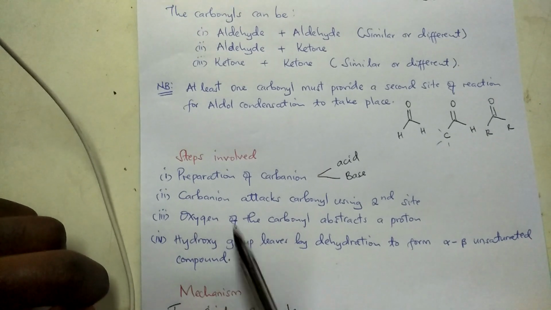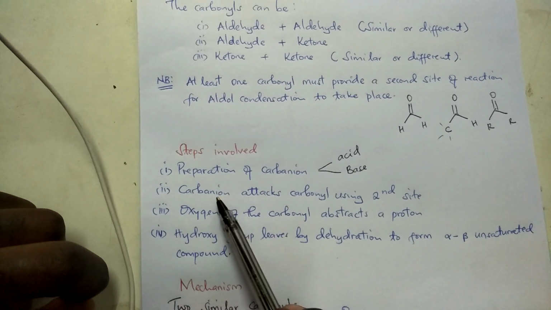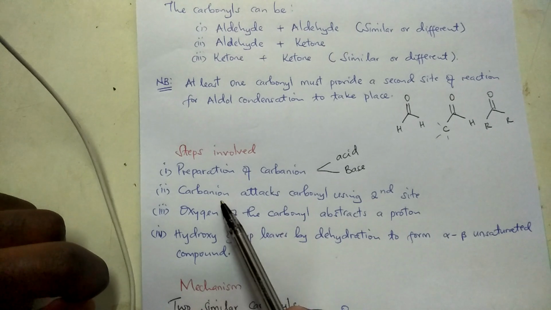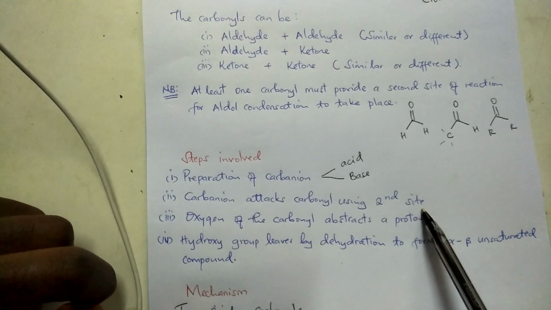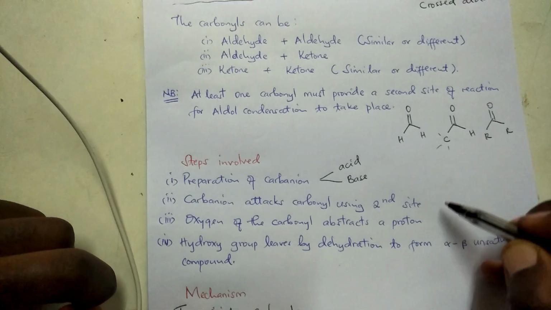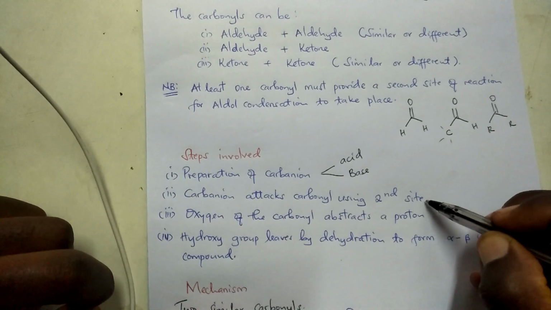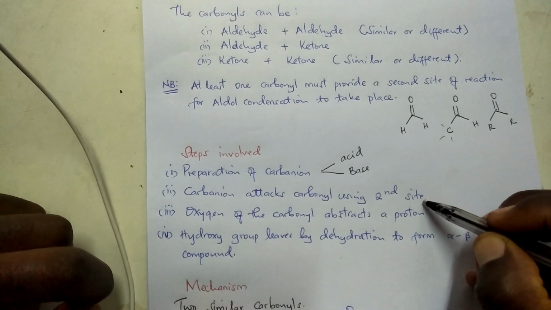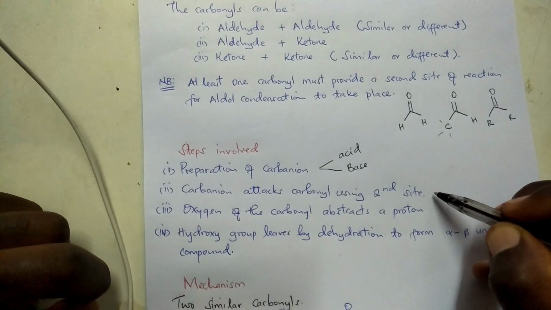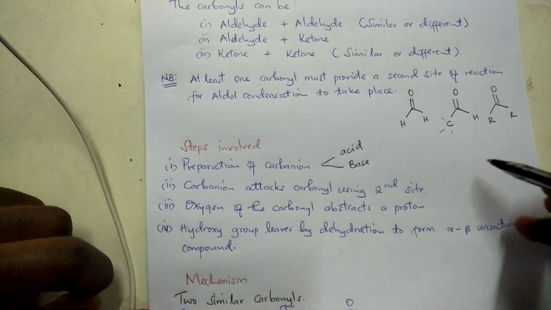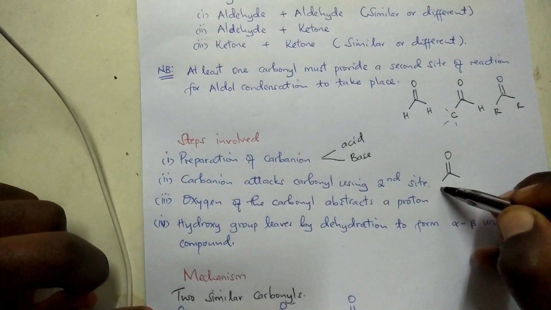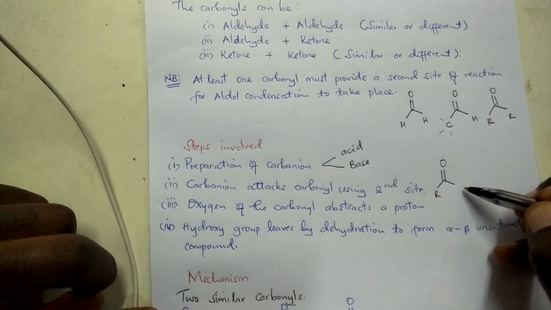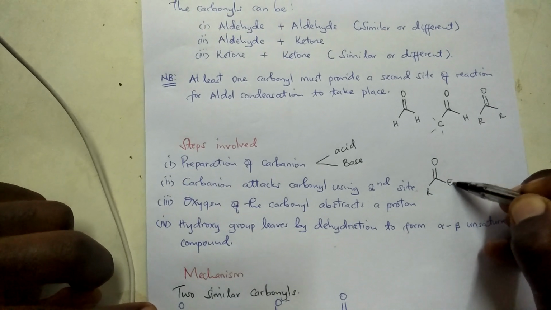Then the second step involves the carbanion that we have produced in step 1 attacking the carbonyl using the second site of reaction. So if we have the carbanion, the second site must be negatively charged. That is, we can have something like this. We can have R here, and then here we make it negative.